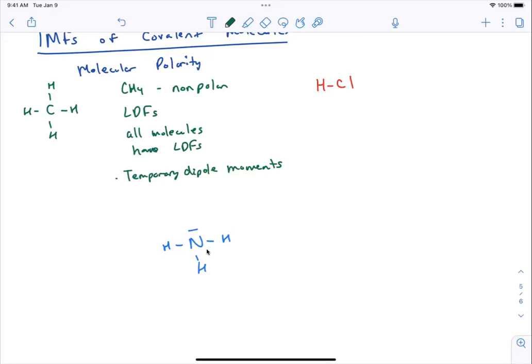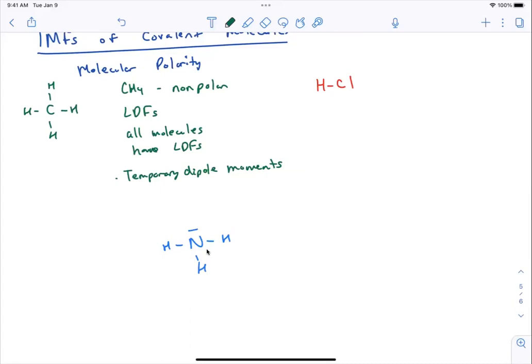That imbalance causes a chain reaction among all the other molecules to imbalance as well, and that's what a temporary dipole moment is. So in any molecule, temporarily there'll be a little bit of positive and a little bit of negative, which causes the molecules around it to react, which causes a very, very weak attraction.